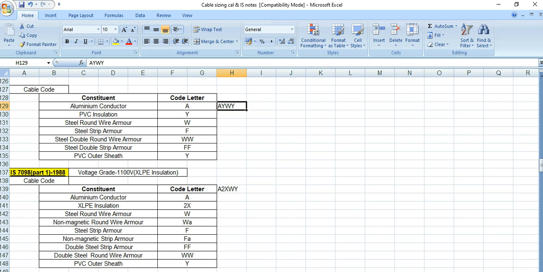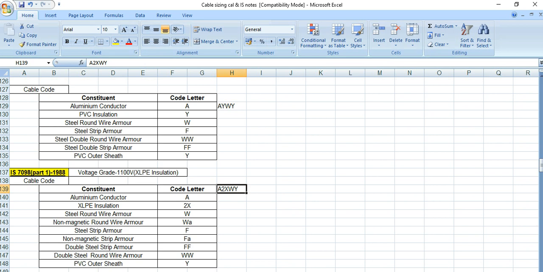And generally for medium voltage, and also for 1100 volt XLP insulation cable, this is the cable construction: A2XWY. Here A is for aluminum conductor; if it is copper it will be Y instead of A, but this is aluminum conductor.